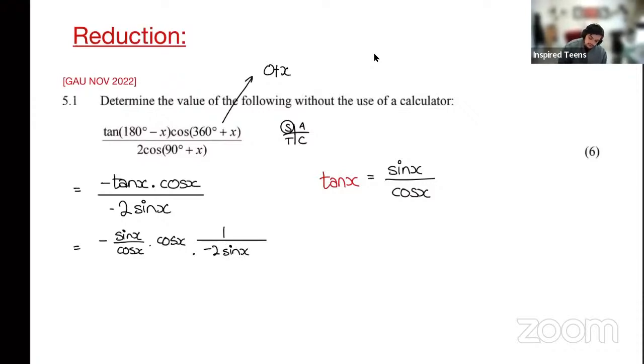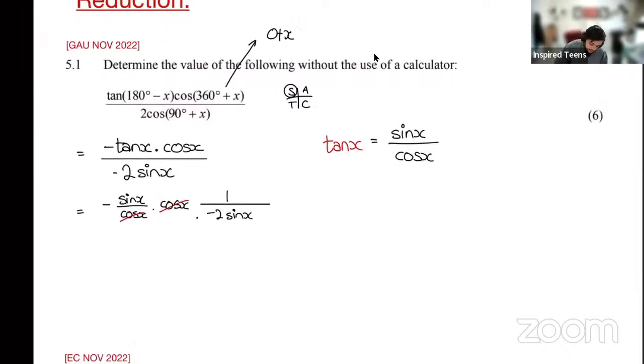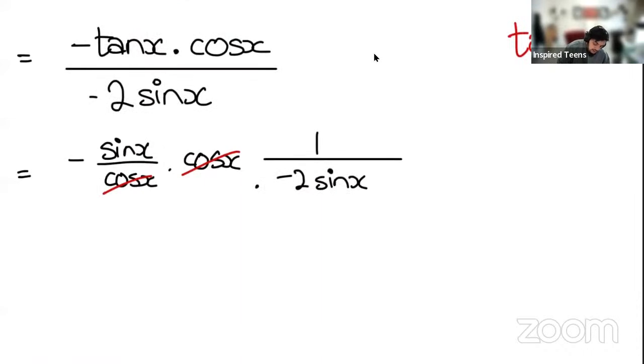Anything in the numerator and the denominator which are common and are in multiplication can be cancelled. Basically, you can always calculate from top to bottom and vice versa, of course. And also, because it's all multiplication, this guy's on top, that guy's at the bottom. So sine x and sine x cancel, negative and negative cancel.